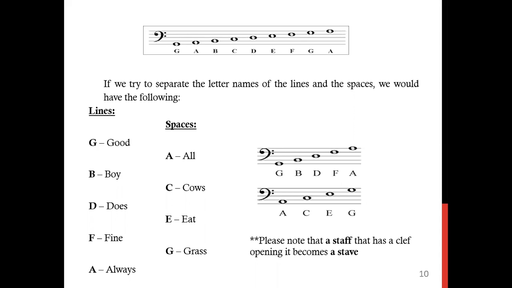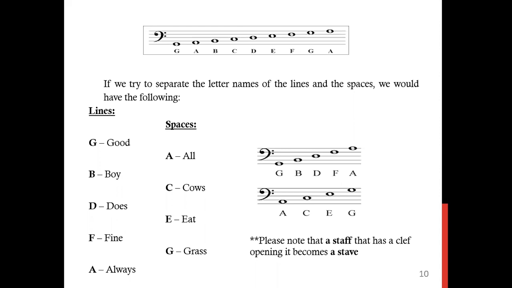Okay, A4, the staff is just the lines alone. So when you put the clef in front of the staff, it becomes a stave.